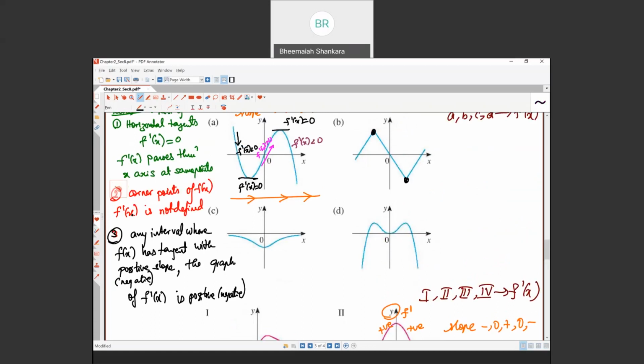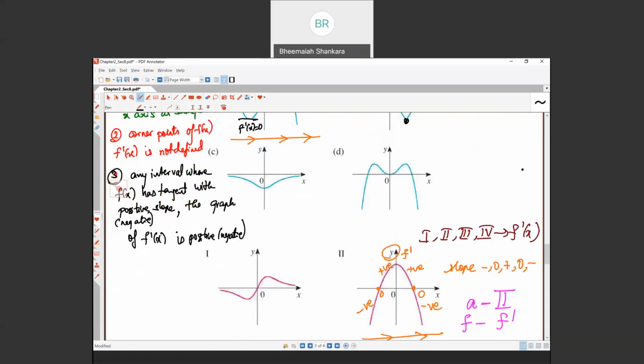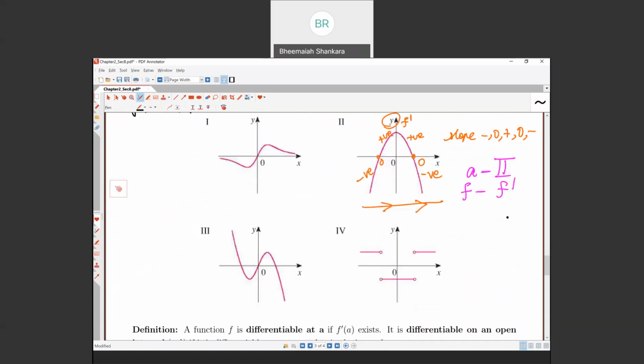So this is the second point to be noted. Whenever you have corner points on the function graph, your f prime graph at exactly a similar point on the x-axis will not be defined. So you look for a graph where the derivative is not defined, and it turns out to be exactly those similar points on the x-axis, these 2 points.